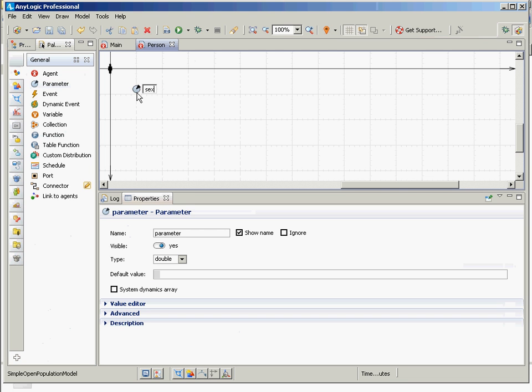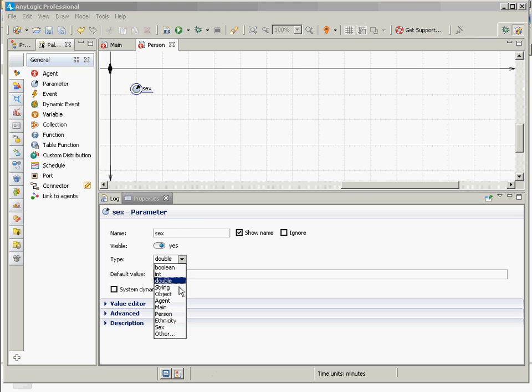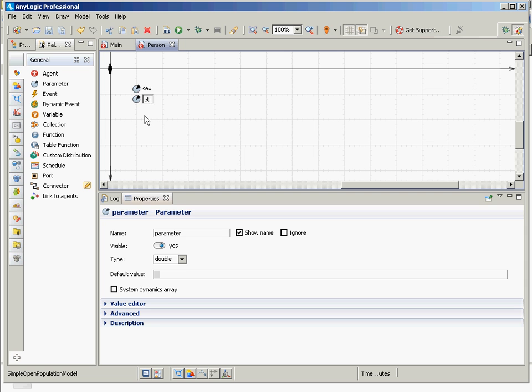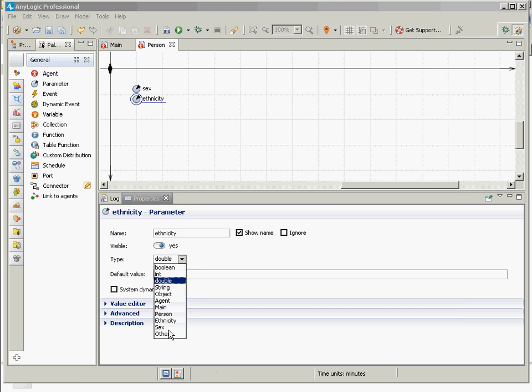It'll be lowercase sex, and it will be of type what? Capital S-E-X. So capital S and then lowercase E-X, right? Okay. That's good. And then add a parameter for ethnicity too, right? Ethnicity, and it will have a type of capital E ethnicity. Okay? People okay with that?